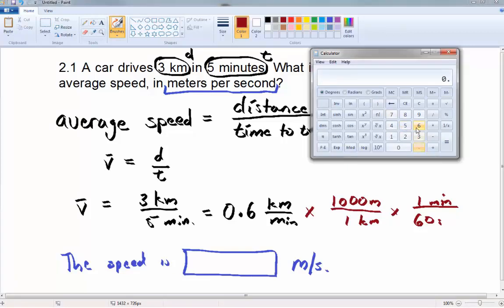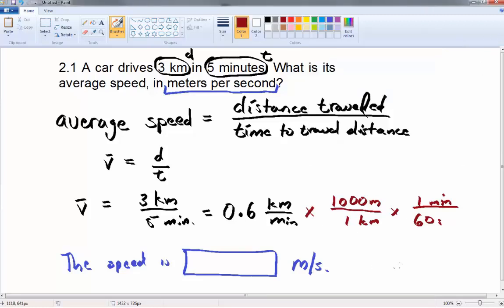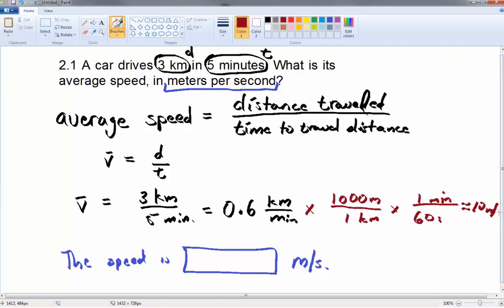So you have 0.6 times 1,000, and then that has to be divided by 60. You can see that the answer is going to be 10. So the answer is that the average speed is about 10 meters per second. So in this little box we would write 10.